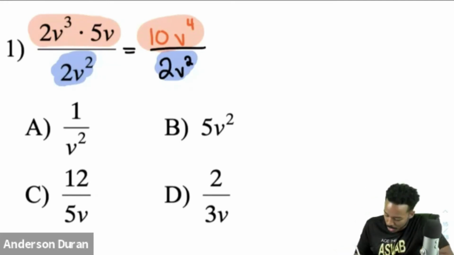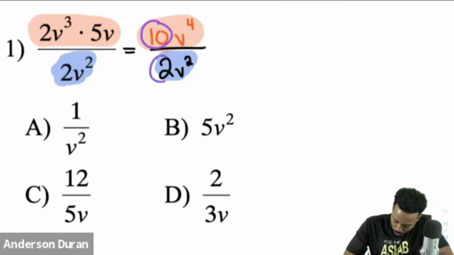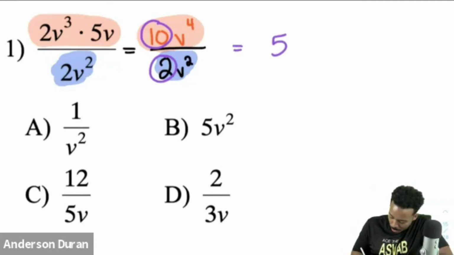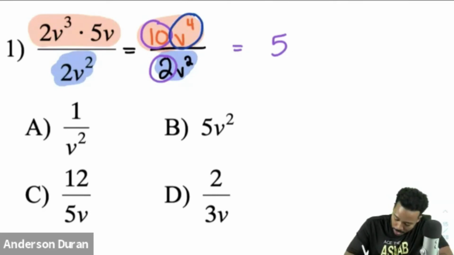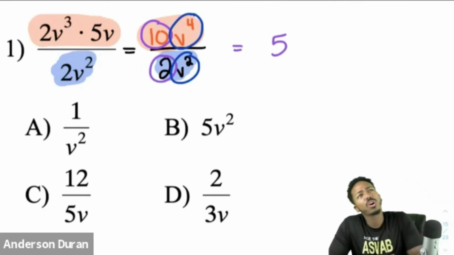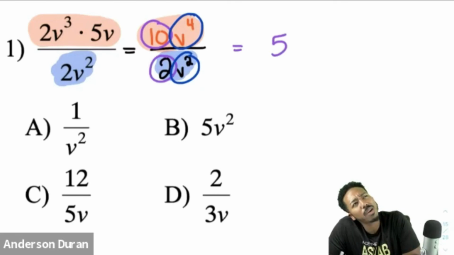So here we go. Everybody help me out, man. What is 10 divided by 2? Okay, that gives me 5. And then help me out one more time, my party people. What do we do if we have V to the power of 4 and V to the power of 2? What do we do with the exponents when we are dividing powers with the same base?